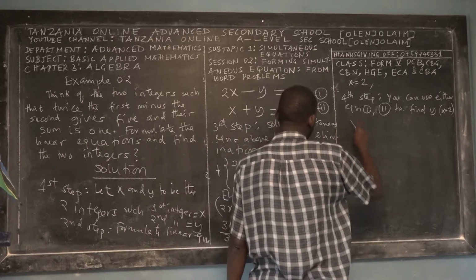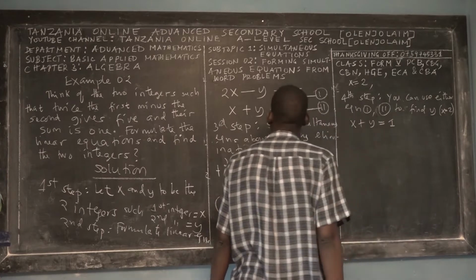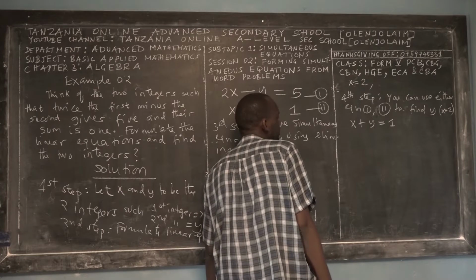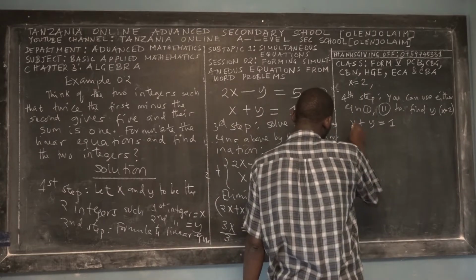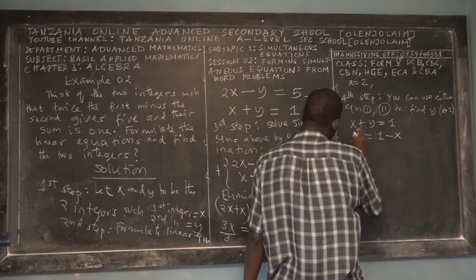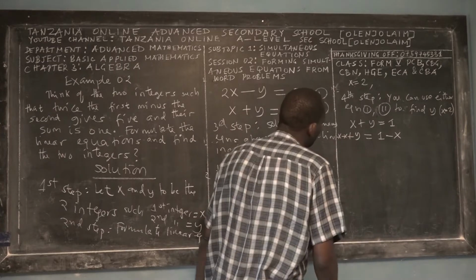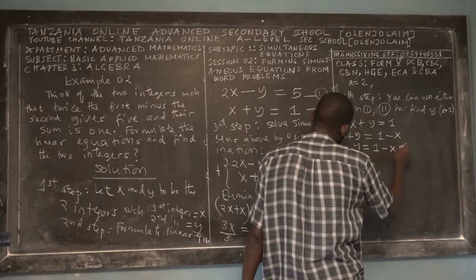If you use the second one, the second equation is x plus y is equal to 1. Right? So what should you make the subject? You have to make y the subject. So y is equal to 1 minus x, adding minus x on both sides. Then we find that y is equal to 1 minus x.